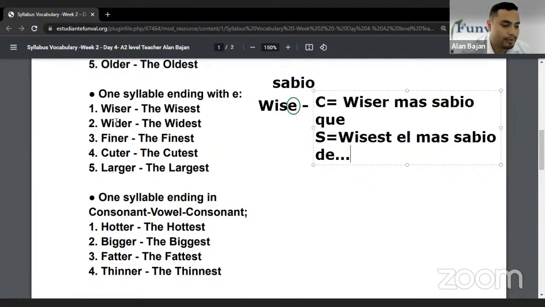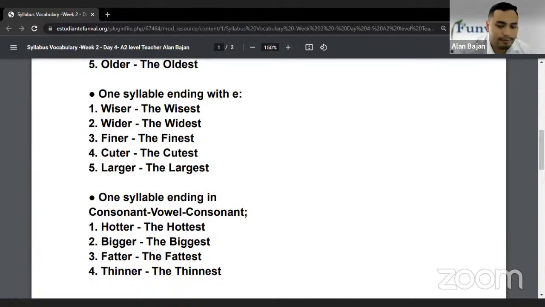For example, wide, wider. Fine, finer, finest. Large.